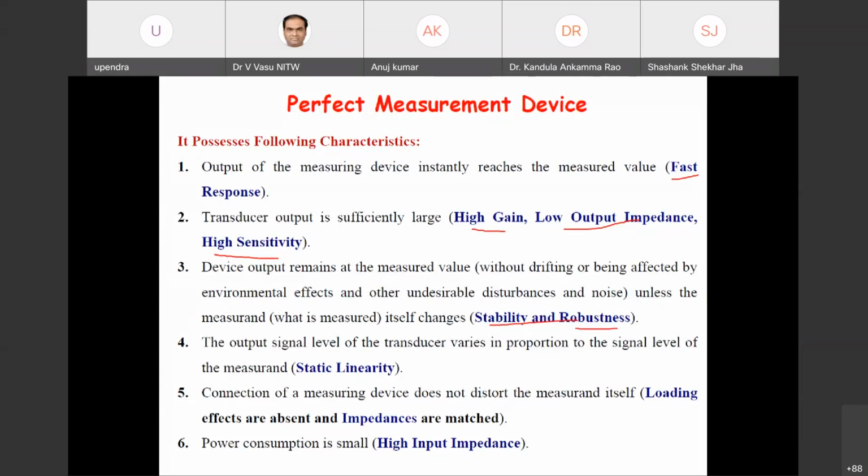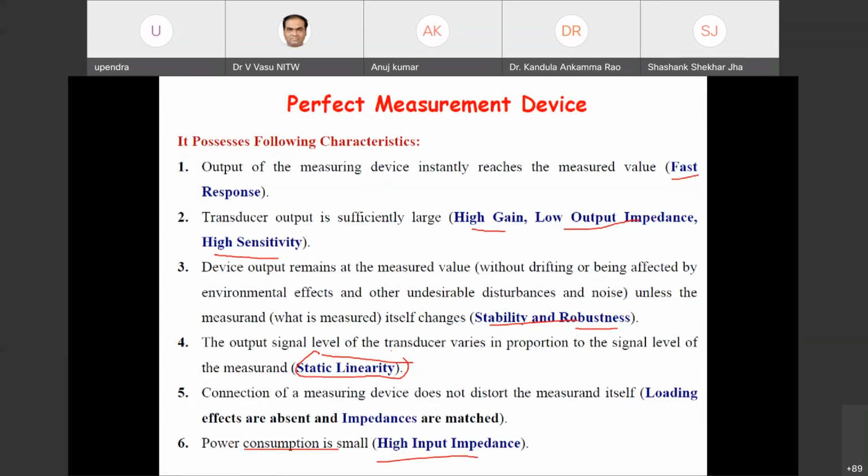Next is static error and static linearity. If the relationship between input and output is linear, then it is the best sensor. At the same time, it should have high input impedance, which means the power consumption of the sensor is very low.